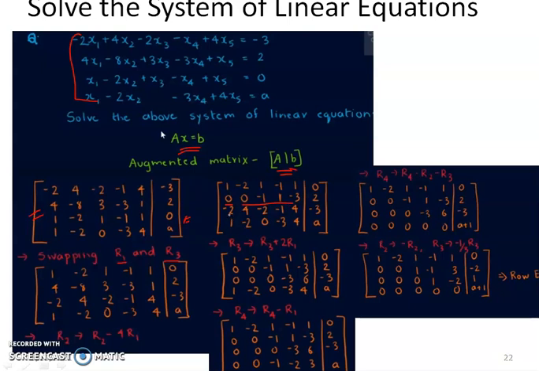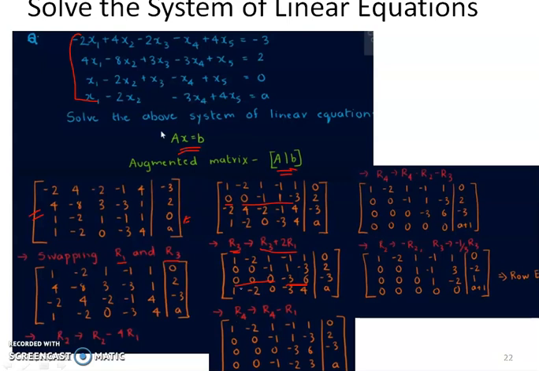Then R2 is transformed. Again in R3, this portion needs to be made 0. R3 can be made 0 by performing R3 plus 2R1. When you perform this operation, some values in R3 become 0, and the remaining values you compute and write.